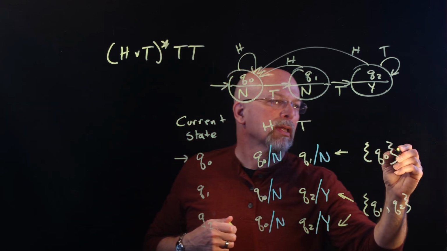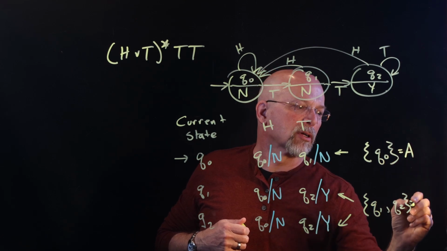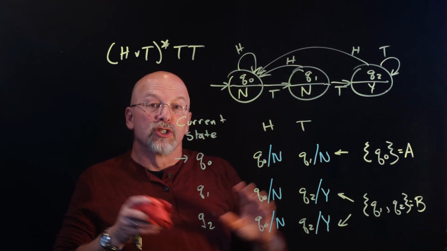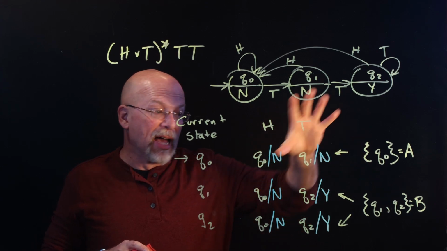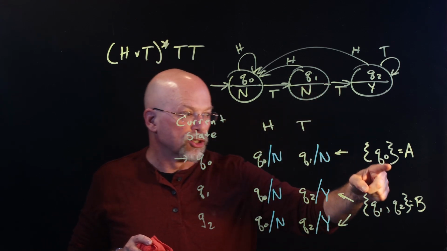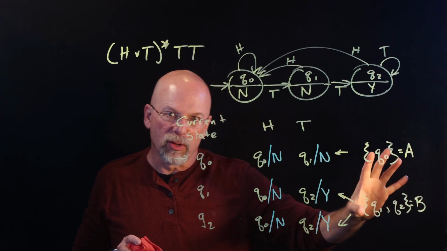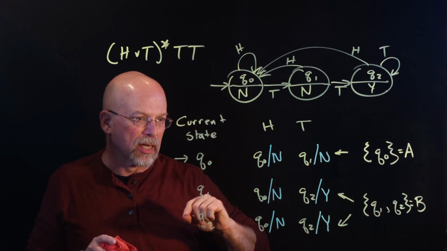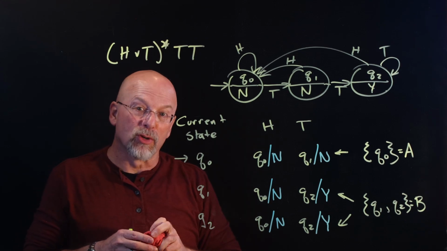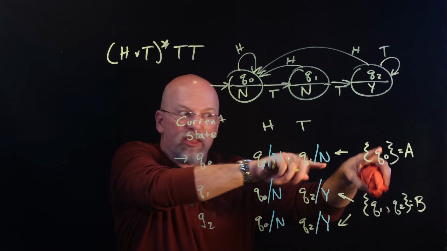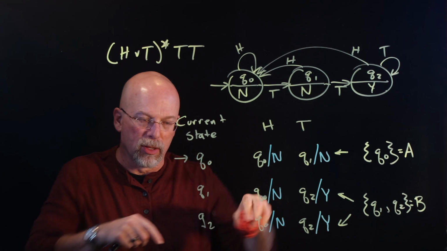So I'm going to simply relabel this. I'm going to call this one A and this one B. So now I have fully simplified this Mealy machine into two states. This set and this set are the only two states we need for this Mealy machine. Now all I need to do is rewrite my transition table to match these two states rather than the original three.